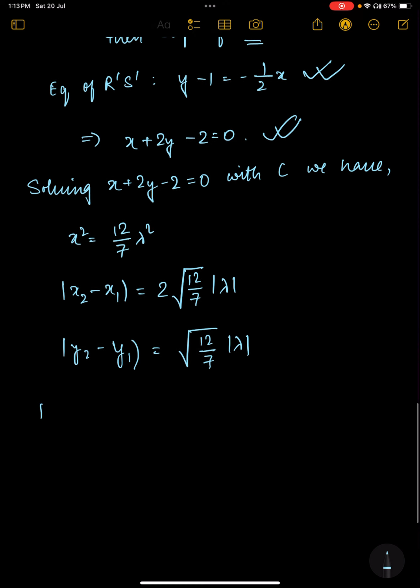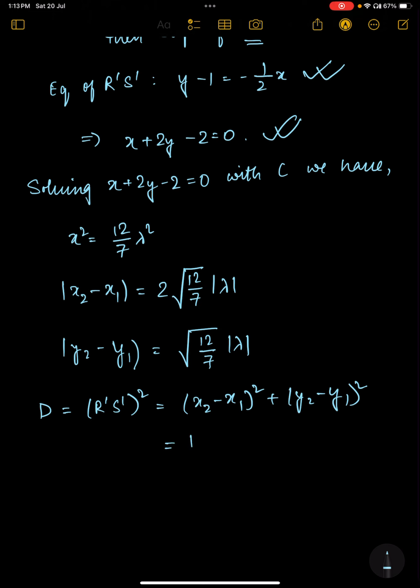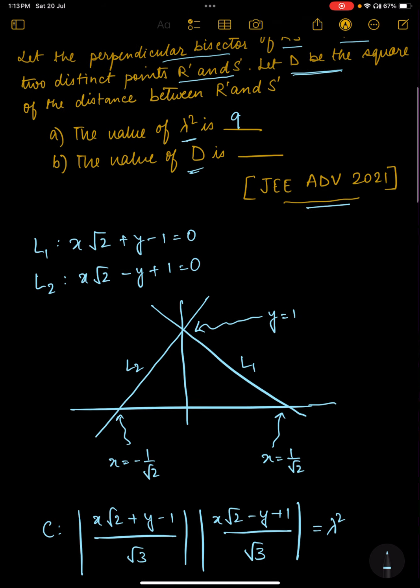So if the distance d is to be found, which is R dash S dash square, that is x2 minus x1 whole square plus y2 minus y1 whole square, this gives me 12 by 7 into 5 into 9. Lambda square we have found to be 9, and this is nothing but 77.14. So this is my final answer for the second question, 77.14.